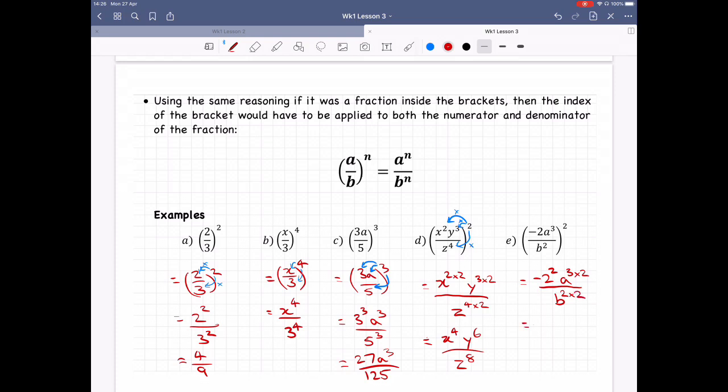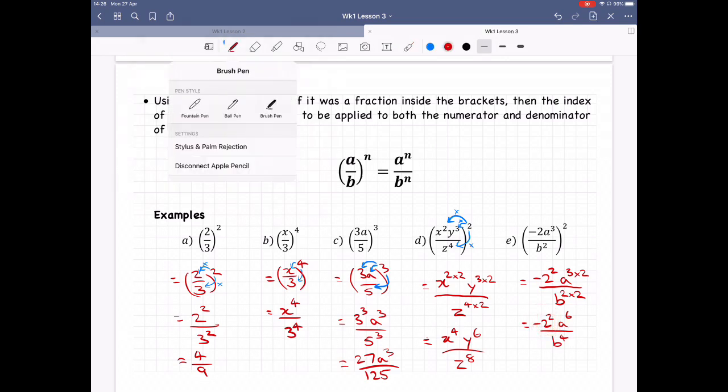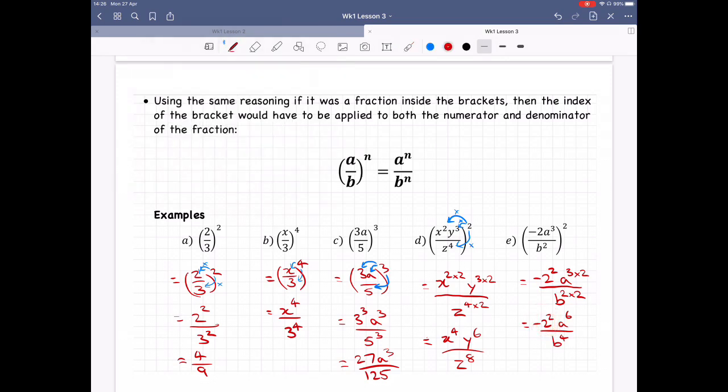And we're going to have minus 2 squared, a to the power of 6, b to the power of 4, and as before, we've got an even power on a negative number there, so that is just going to become a positive term, and we're going to have 2 squared, which is 4, a to the power of 6 over b to the power of 4.